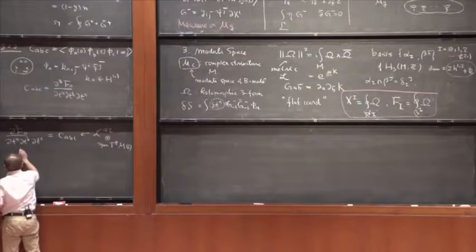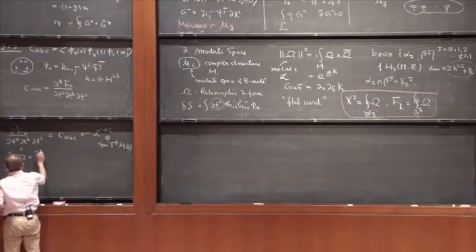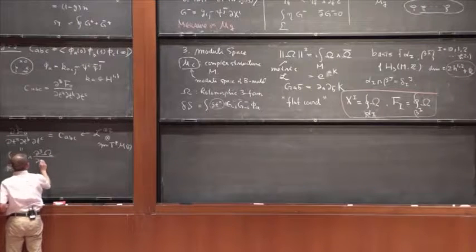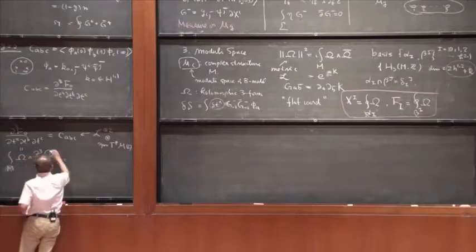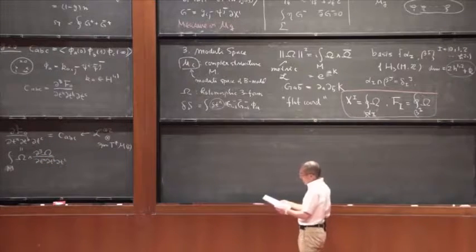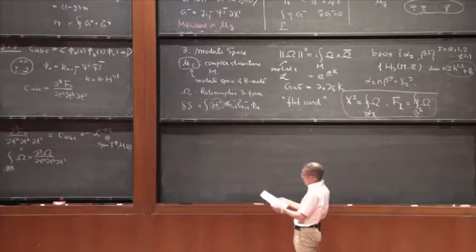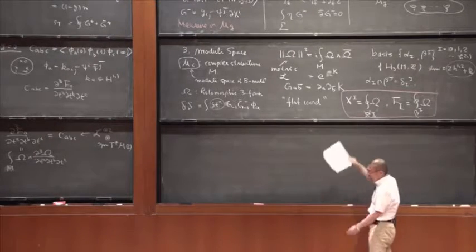We can write this thing also in terms of the integral of the holomorphic 3-form and 3 derivatives of the holomorphic 3-form. So you see that in this case, we can compute these things quite explicitly. Another thing that you can compute quite explicitly is this metric and therefore the scalar potential itself.